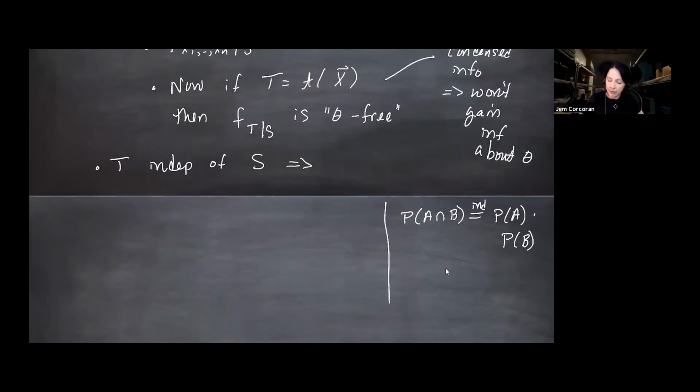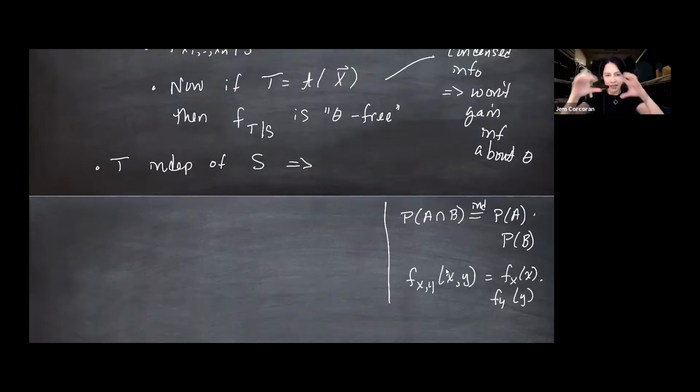And when you define independent random variables, you say that the joint PDF factors into the two marginals. Personally, I have never liked this definition of independence because I don't find it that intuitive outside of the idea that you can somehow separate things.